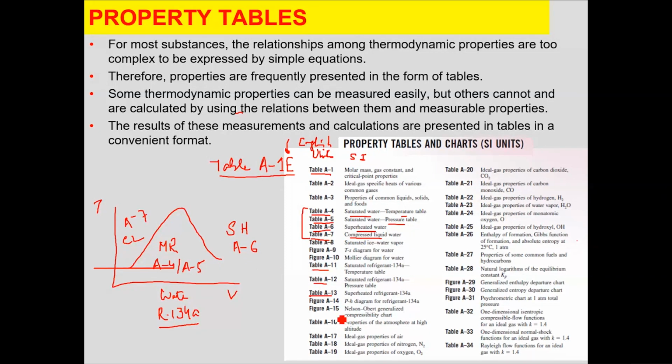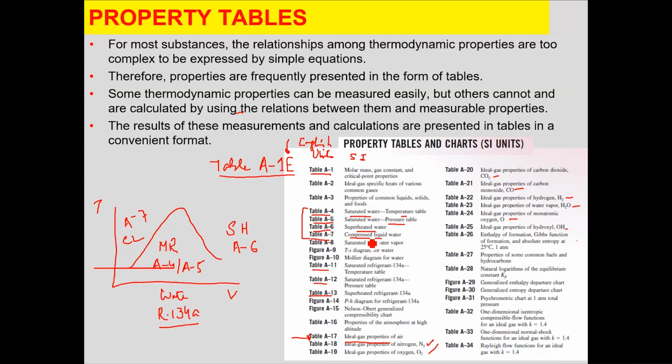Similarly, you also have tables for ideal gas properties. For ideal gas properties of air, table A17 is the most frequently used table. Then you also have tables of ideal gas properties of nitrogen, oxygen, carbon dioxide, carbon monoxide, hydrogen, water, monatomic oxygen, and the hydroxyl group.